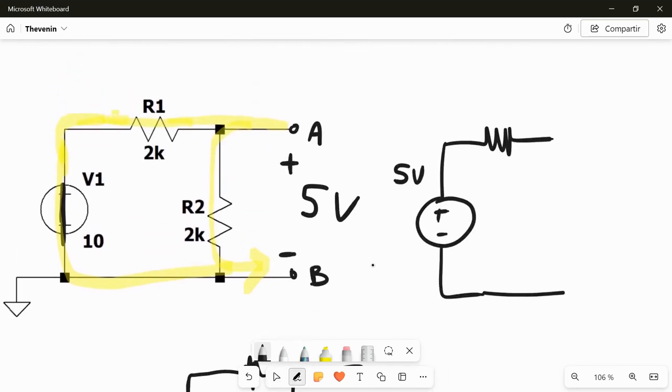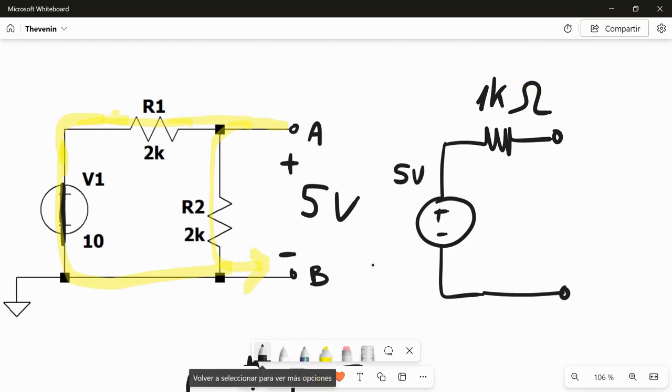So in this simple case, we have this Thevenin equivalent circuit. What does it mean? That this thing here on the right behaves exactly as the circuit on the left.